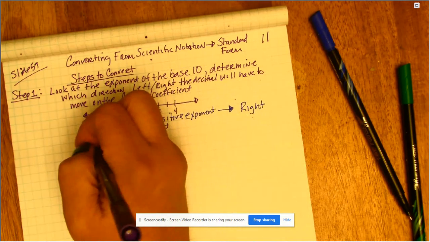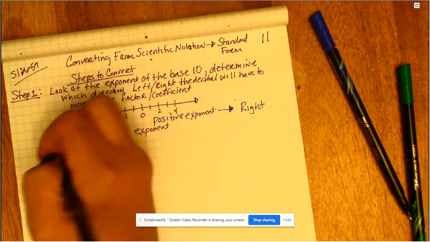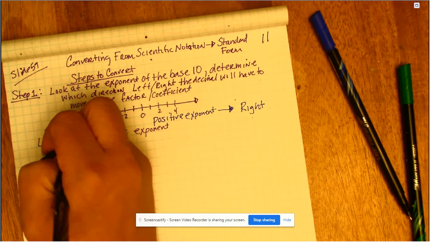And if it's a negative exponent, your decimal is going to move to the left.